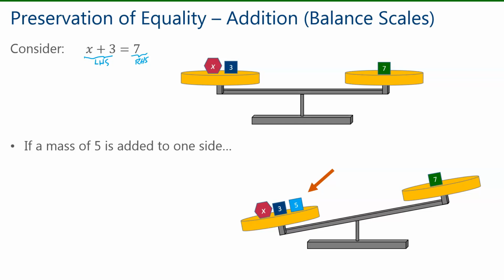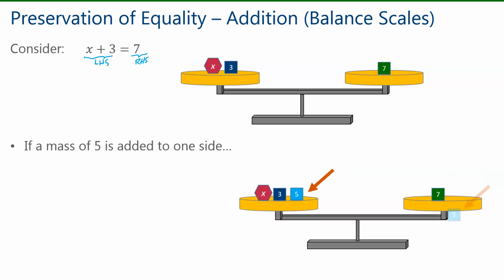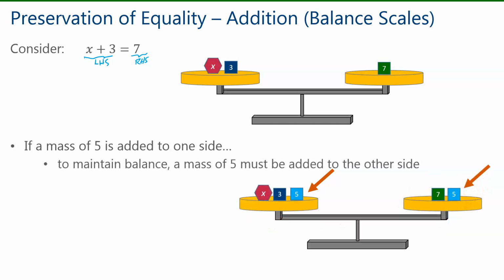If a mass of 5 is added to one side, obviously it's going to tilt down on the left-hand side. More mass has been added. What do we need to do to balance it out? Well, of course, to maintain balance, a mass of 5 must be added to the right-hand side.